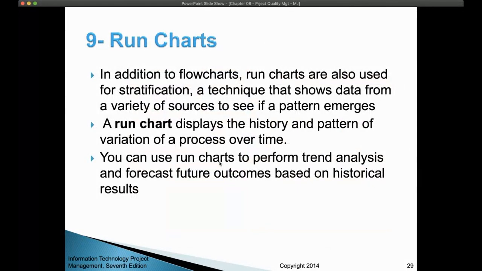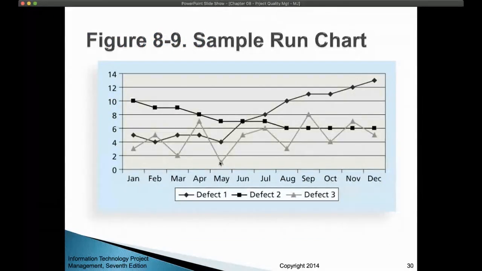Then you have the run charts. The run charts are similar also to the charts that we discussed earlier, but these are usually used like in this way by comparing different defects or different features. Okay, and again during a timeline.